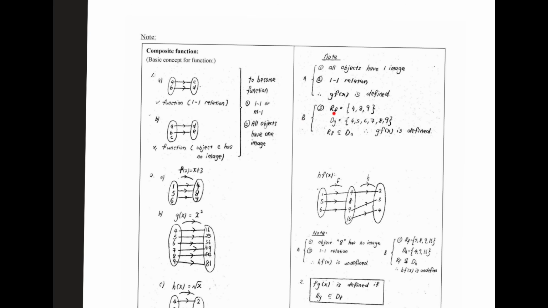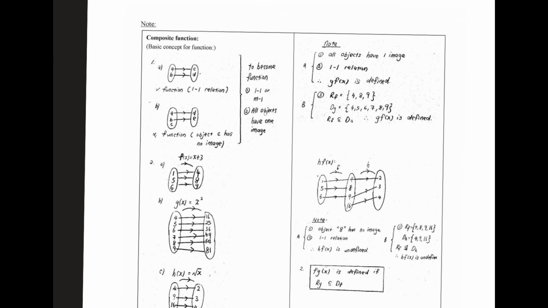Now part B. Let's look at the range of f. The range of f is 4, 8, 9. Let's see the arrow diagram again. The range of f: 4, 8, 9. Yes, these are the range of f. Now let's continue.